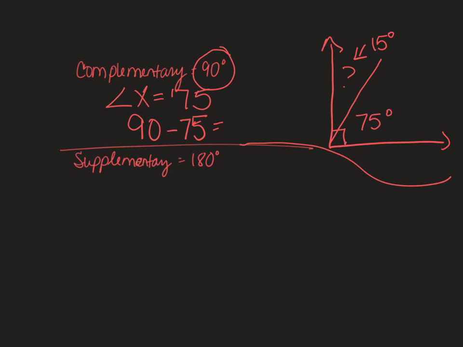Now let's look at a supplementary angle, which we know equals 180, right? Let's just say that we know that one of them measures about 75 degrees.